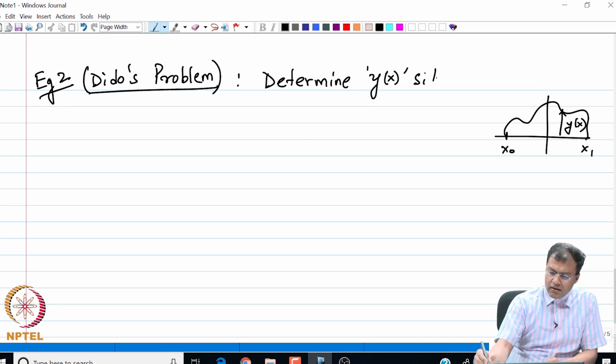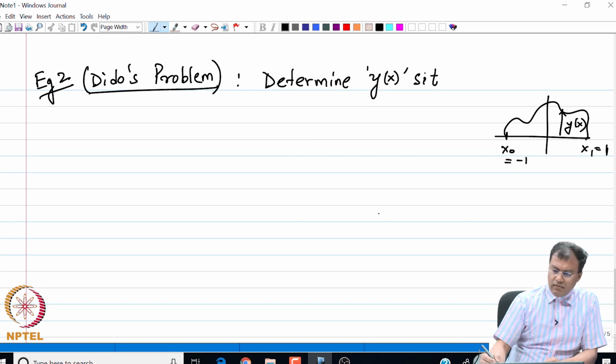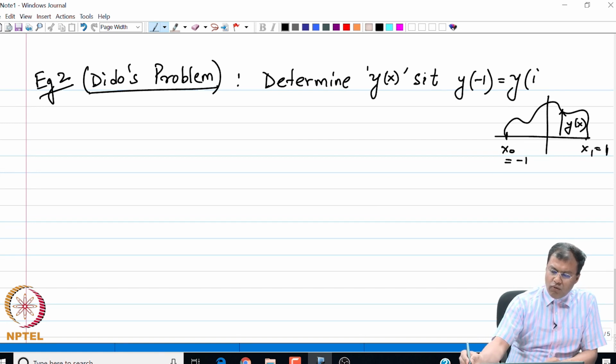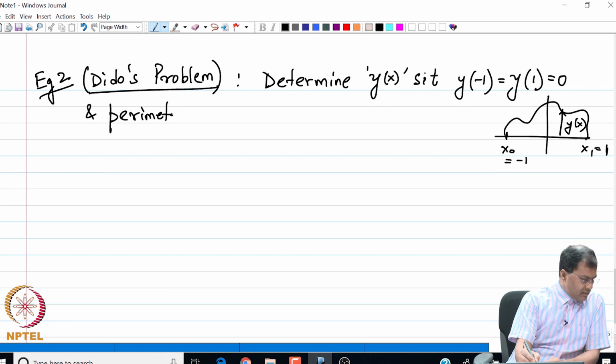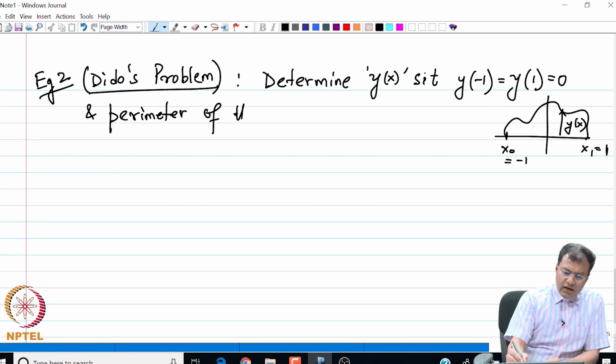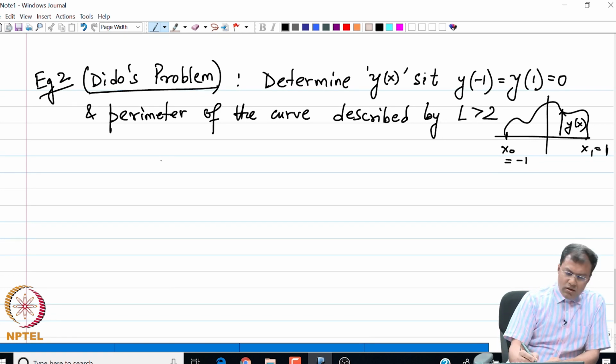such that, let us also say that x 0 is minus 1 and x 1 is 1, such that y of minus 1 is equal to y of 1 is equal to 0, and the perimeter of the curve is described by L greater than 2.